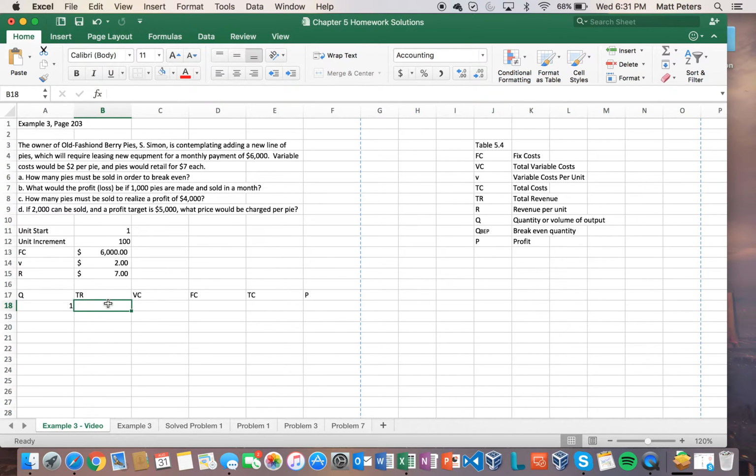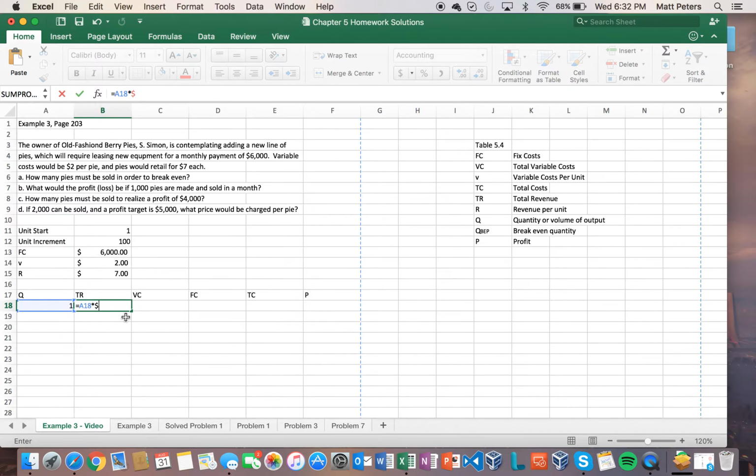So just know you do equals this times, then hold down F4 to get that $7. Now notice that it put a $ before the B and a $ before the 15. That means that's fixed. And as we bring this formula down in our chart, that will always reference B15.